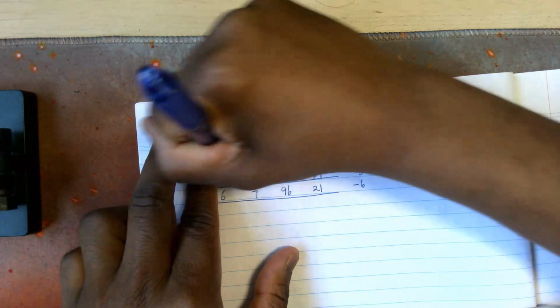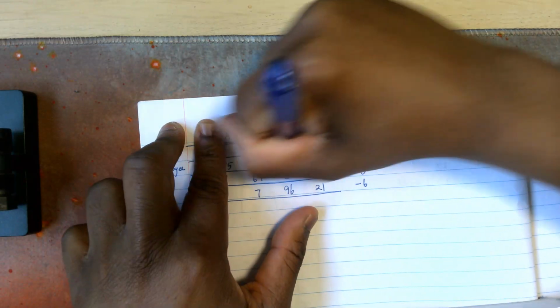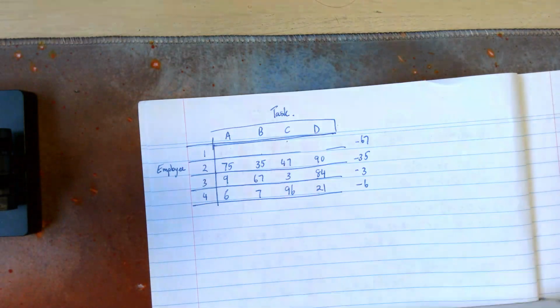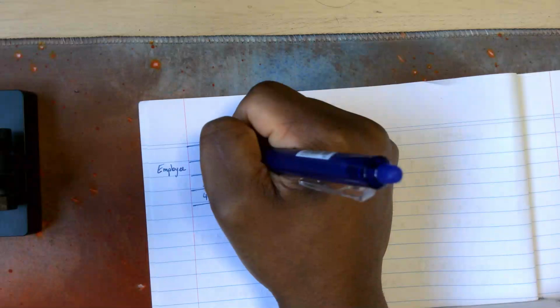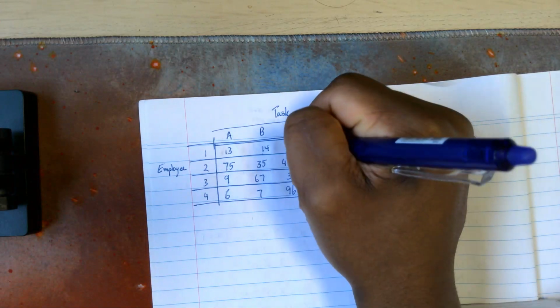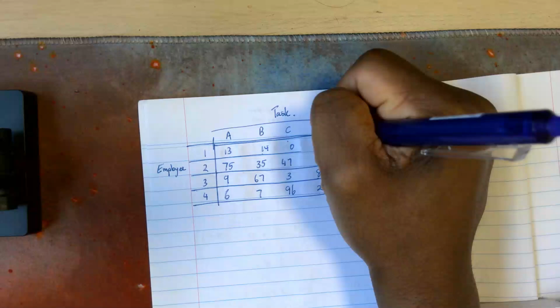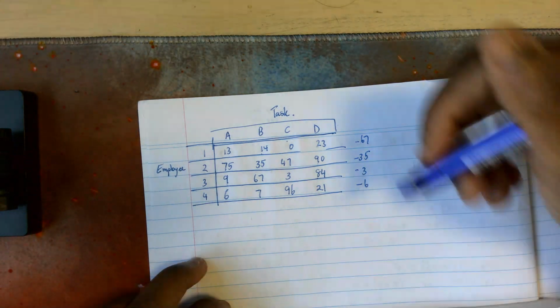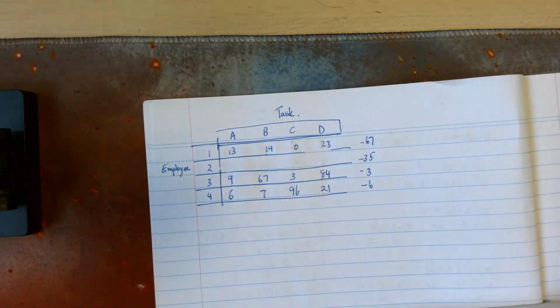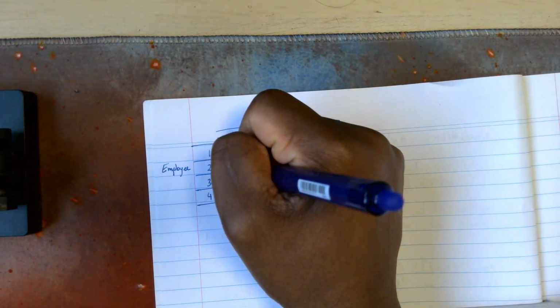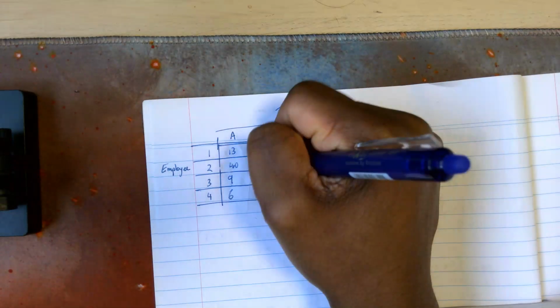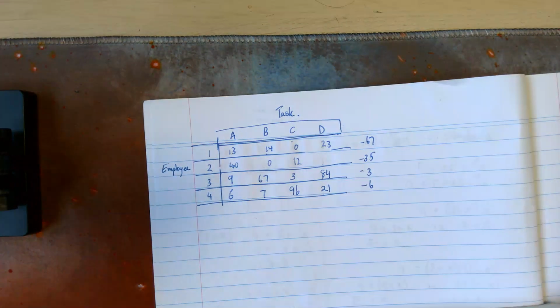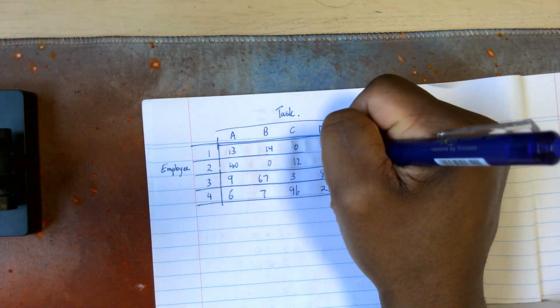the top row will look like 13, 14, 0, and 23. The next row, I'm going to do the same thing, will be 40, 0, 12, and 55.